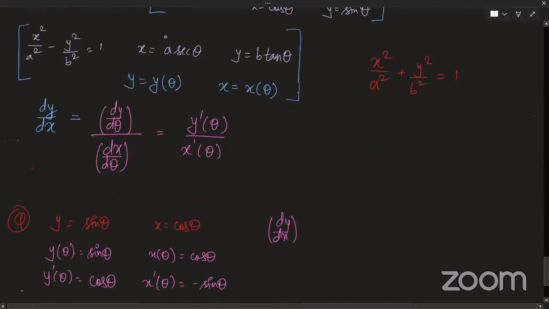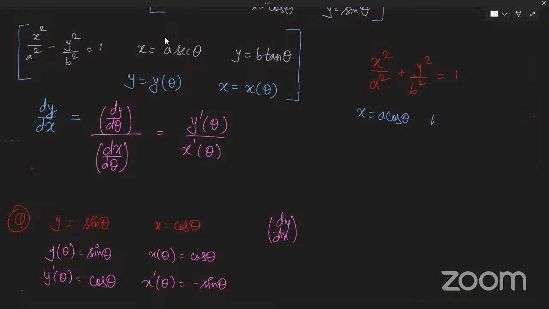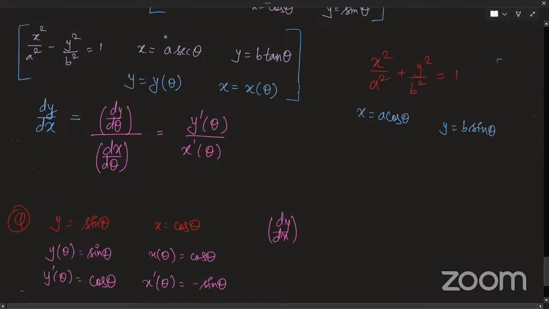Ellipse, how would you do it? No one remembers. See, it is really easy. X is equal to a cos theta and y is equal to b sine theta, right? Why do you keep forgetting, everyone?